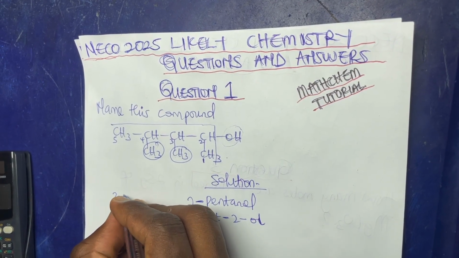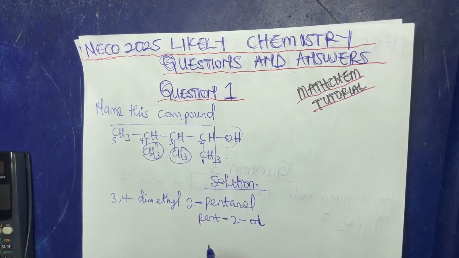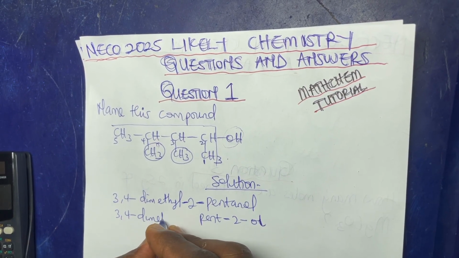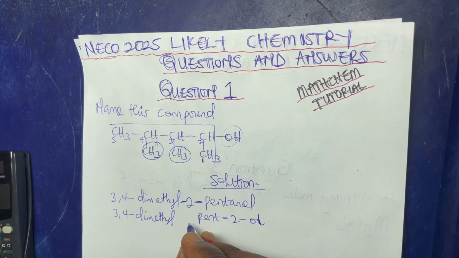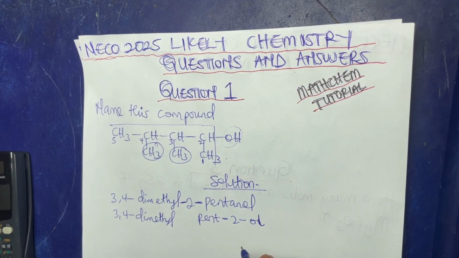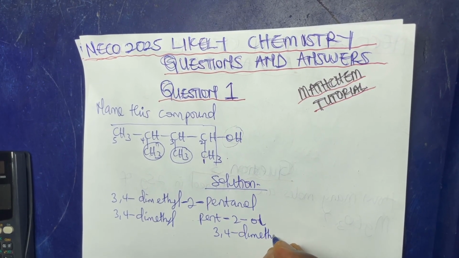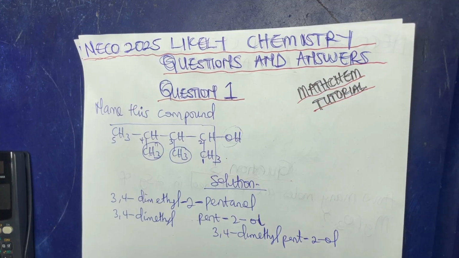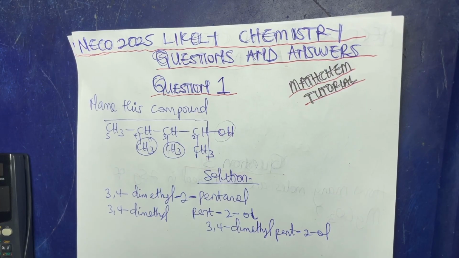So that will be 3,4-dimethyl-2-pentanol. I'm supposed to join this together. Let me write it here again. 3,4-dimethylpentanol. So that is the name of this particular structure.